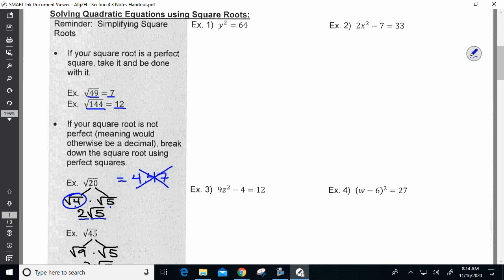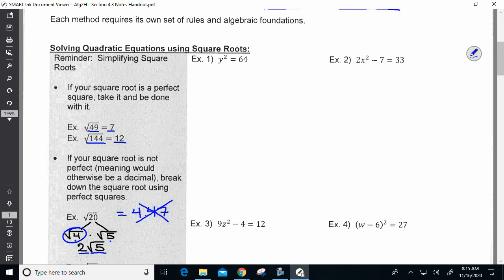So, example 1, y squared equals 64. The only real opportunity that you have to use a square root is when you have a variable raised to the second power, or if you have something in parentheses raised to the second power.